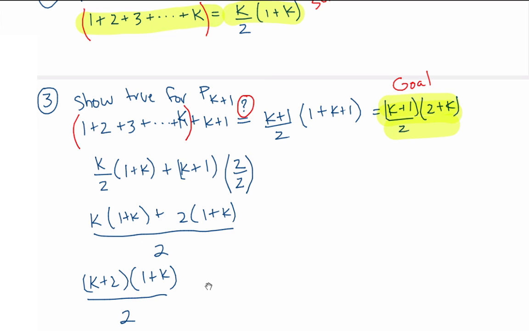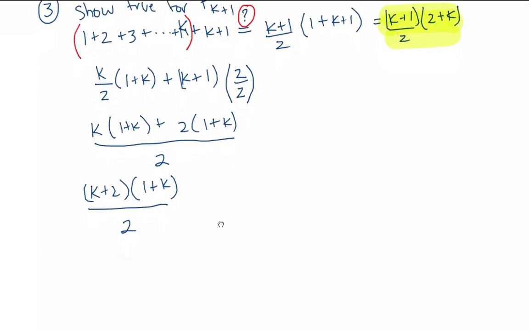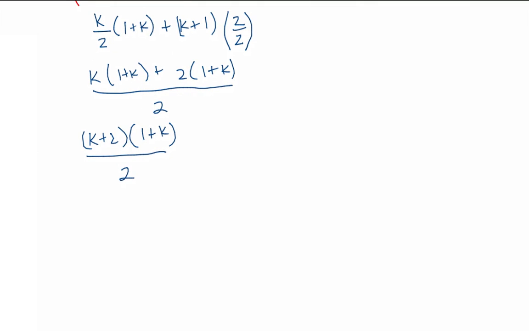This is a true formula, and we have one more step. What's the step? Very important for your final reasoning mark. You need to tie this all together, so you need a concluding statement.